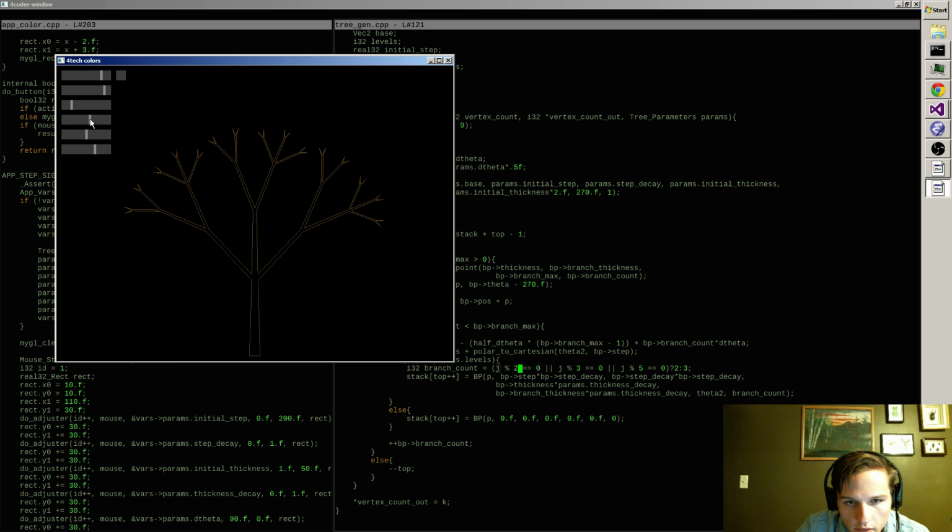Less thickness. More thickness decay, actually, is what I mean to say. Alright, that is kind of cool. It's still, I mean, it's still totally regular. Look at this. 2, 2. Okay, so this approach is just not going to work, is the lesson. It's still basically a fractal.